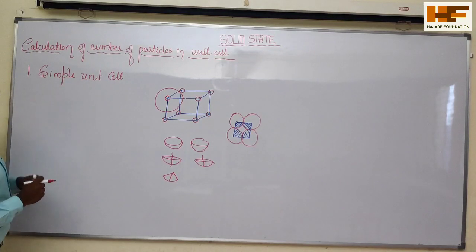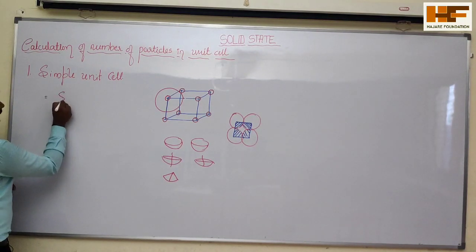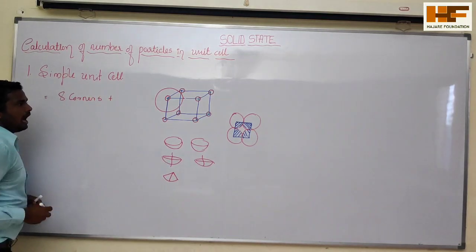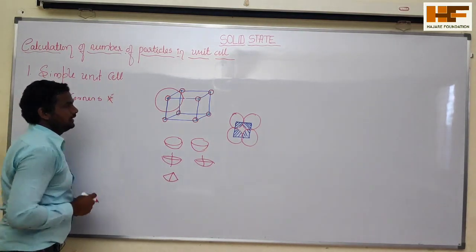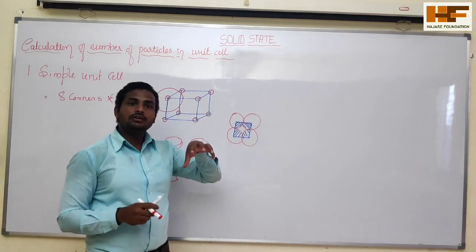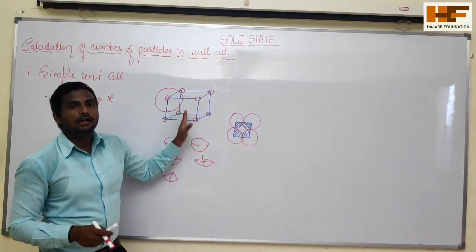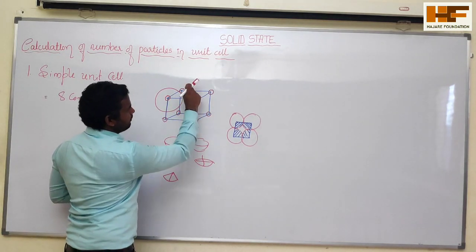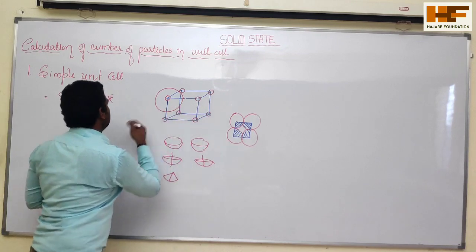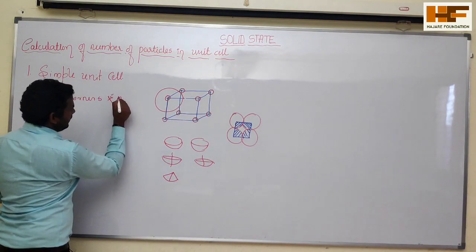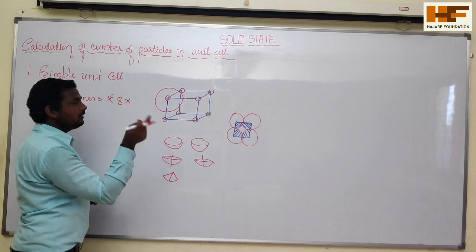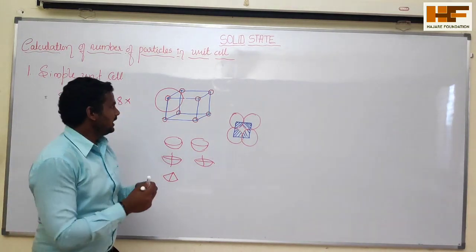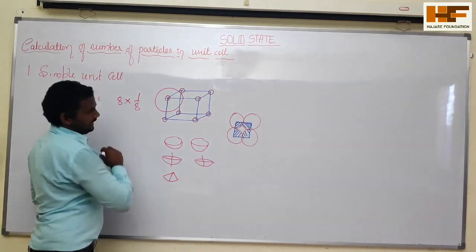So in the simple unit cell we are having 8 corners, and how many constituent atoms are contributing their part? We are having 1, 2, 3, 4 and backside 5, 6, 7, 8. So we have 8 atoms. How many contribution is there? That is 1/8 part.